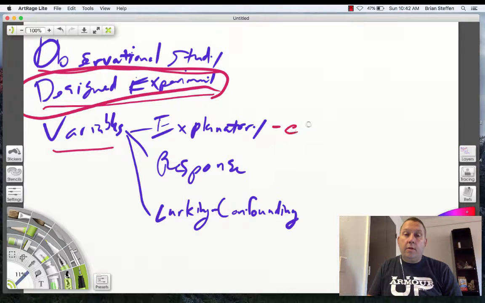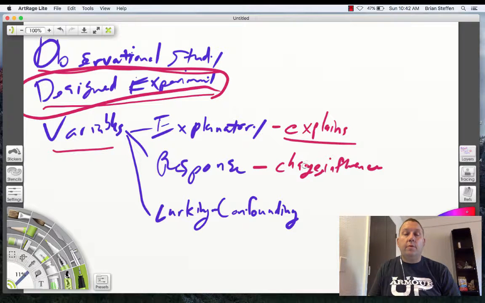So we think that this variable explains what we see happening in this variable, the response, the change or influence that we're measuring as a result of whatever this variable is.